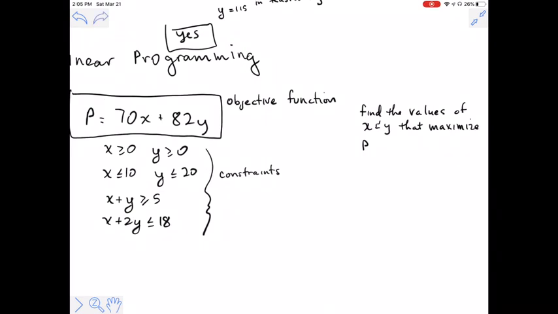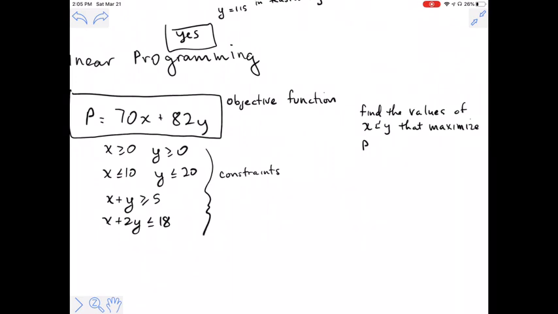So find the values of X and Y that maximize P. Again, if you are familiar with the vocabulary and what's being asked, this is not very much different than what we just did in the last example.